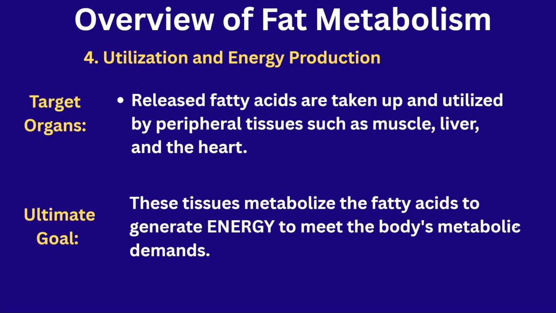Utilization of energy. How is the energy finally produced? Whenever there is a breaking down of the fats, the final end product is fatty acids. That means the tissues will produce the final fatty acids, and from there the energy is released.